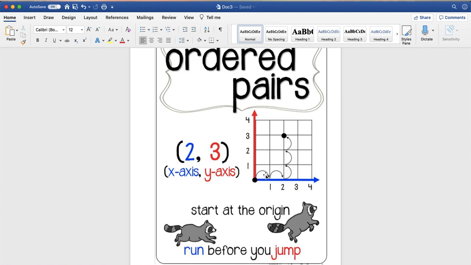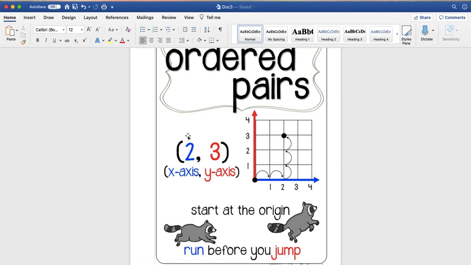We need to always go side to side before up or down. So as you can see, starting here at the home base, we are running 2 points. We are running 1, 2. And that is where we put our 2.